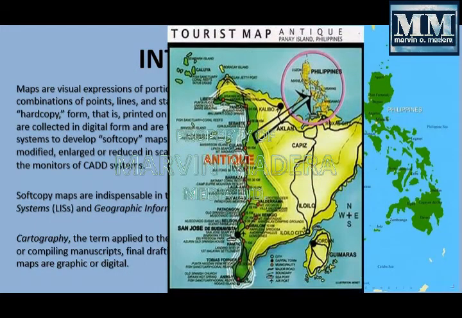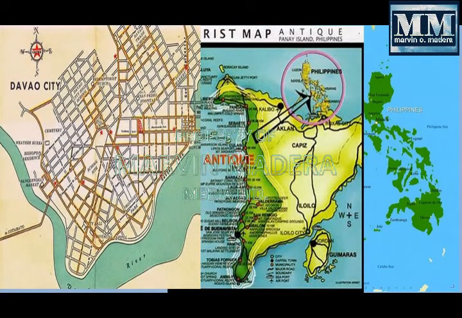It can also be done as a map of an entire province, like this one, the province of Antique, representing all the towns of the old province. Also, it can be presented as a town map or city map of a certain region. In this example, we have the city map of Davao City. This is the form of the land representation of Davao City.